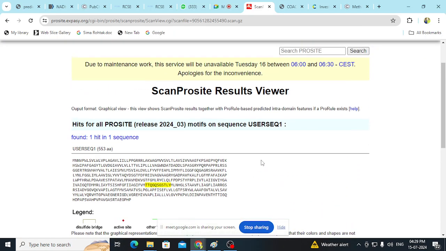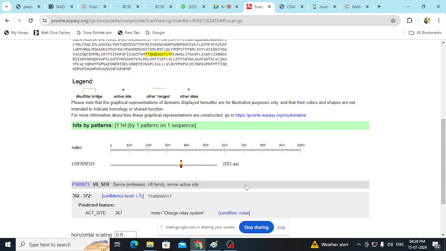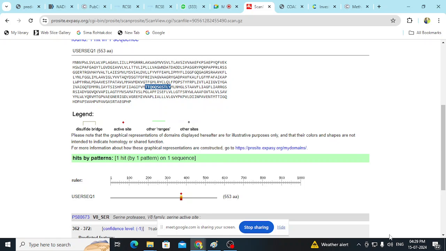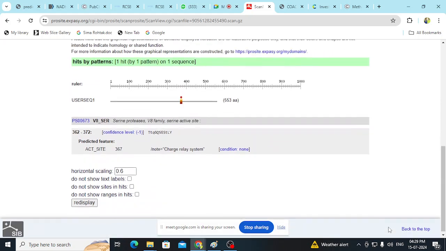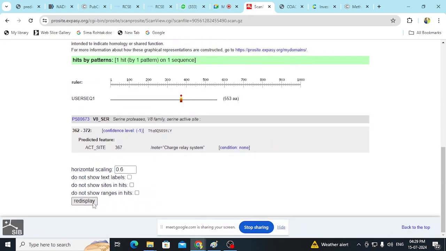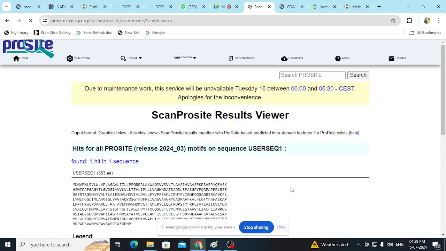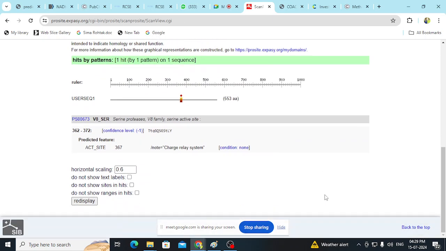So this has identified this particular domain to be the active site of the protein. Since it is the active site, it is also the stable site, and therefore let us go for redisplay. Let's see if it can give something more.